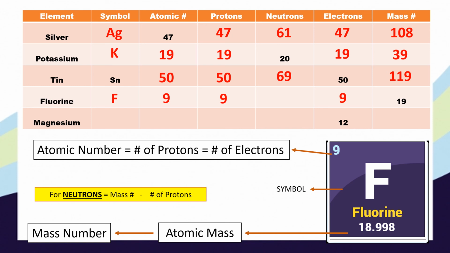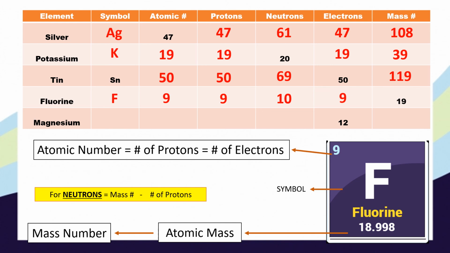We already have the given mass number, which is 19, and we are now looking for the value of neutrons. In solving for the neutrons, you can have mass number minus number of protons. So 19 minus 9 is equivalent to 10. If you got it correctly, you have 5 points, 1 check for each missing information.